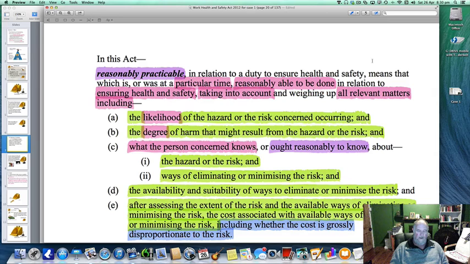Because in doing that, you'd eliminate the risk of shattering because you don't use a hammer to open them up to get them off. The fact that the person didn't know it as a matter of fact doesn't matter, because they ought reasonably to have known it. In other words, if owners of dozers and buckets would do that. And that's a question of fact left up to the judge or a jury in a trial as to whether they ought reasonably to have known it.